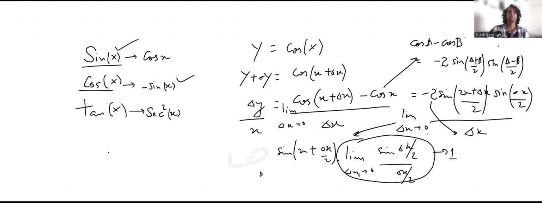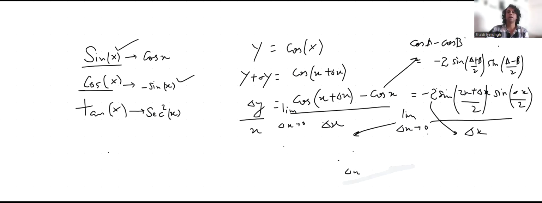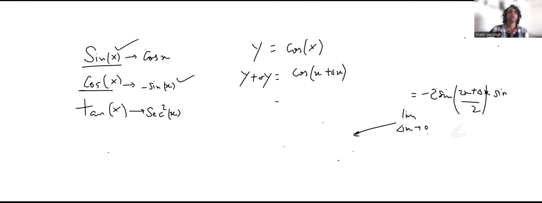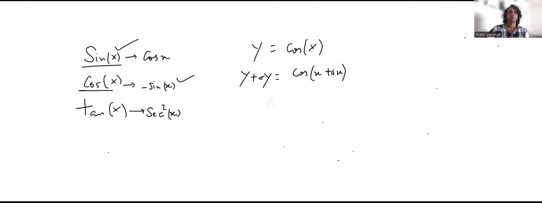Well, this promises to be a bit more interesting, right? And let me erase the board and start here. Delta y equals, replace this by tan of x plus delta x minus tan of x.